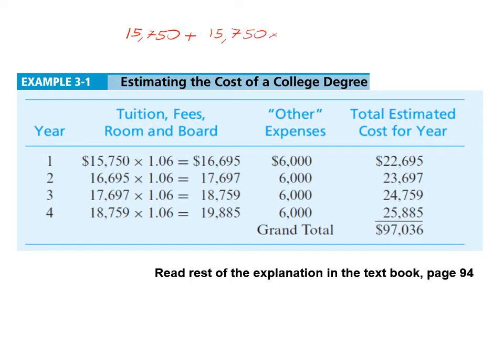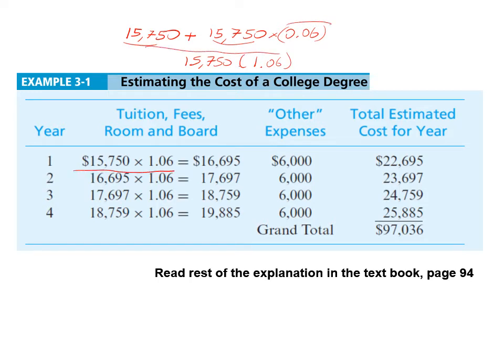When we say it's increased by 6%, we are multiplying it by 1 plus 0.06, which is 1.06.